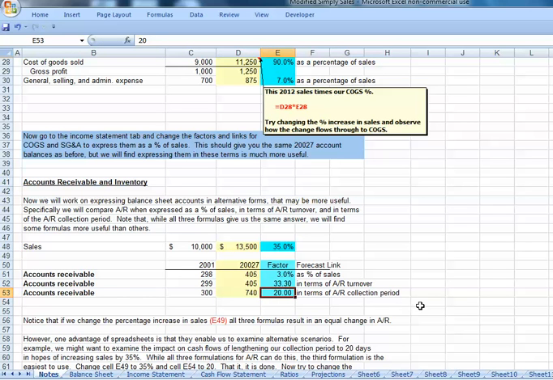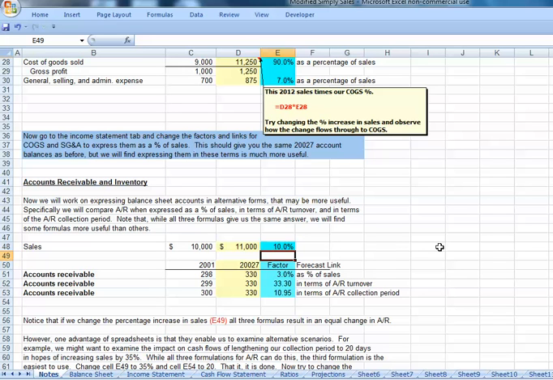And again, we've got in this case 740. If we wanted to get the same thing, obviously we need to shorten our collection period. Let's try, what was it, 10.95 days. We've got the exact same balance for accounts receivable. We can cast it as a percentage of sales in terms of AR or in terms of a collection period. And again, if we were to increase or decrease our sales, our receivables will change accordingly.